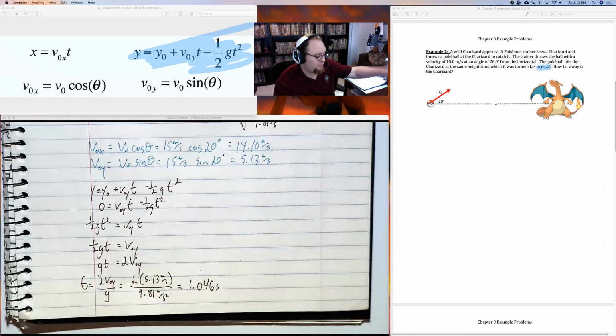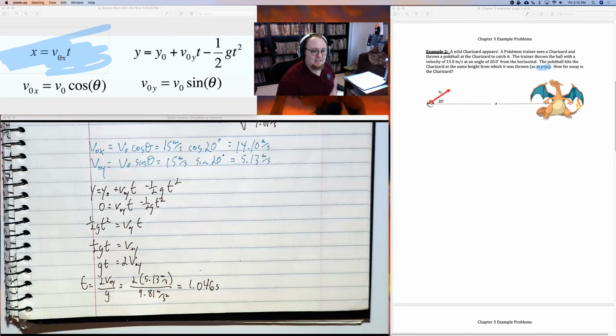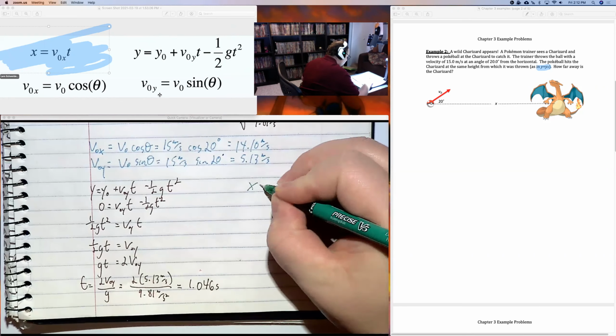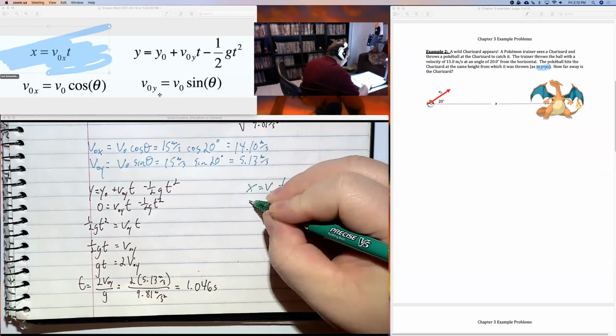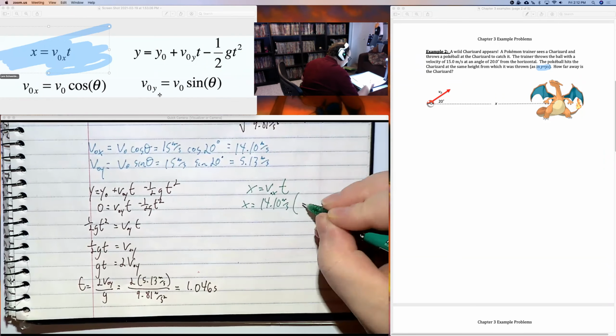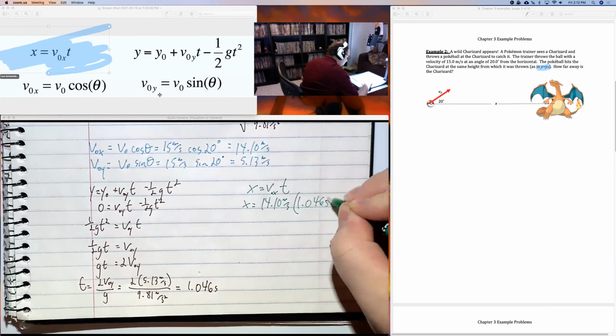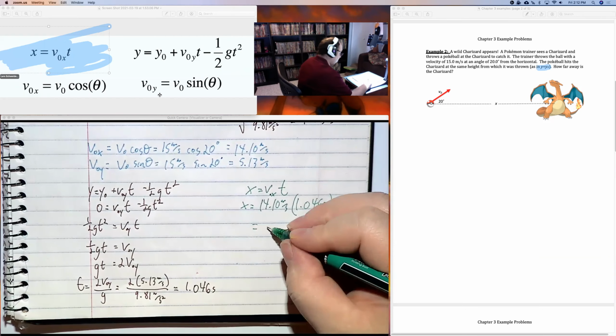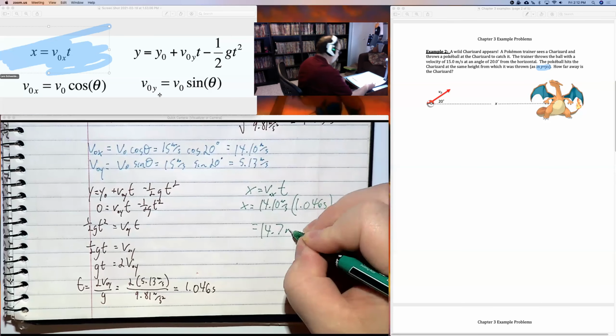I can say X equals V naught X T, or X equals 14.10 meters per second times 1.046 seconds, which is 14.7 meters.